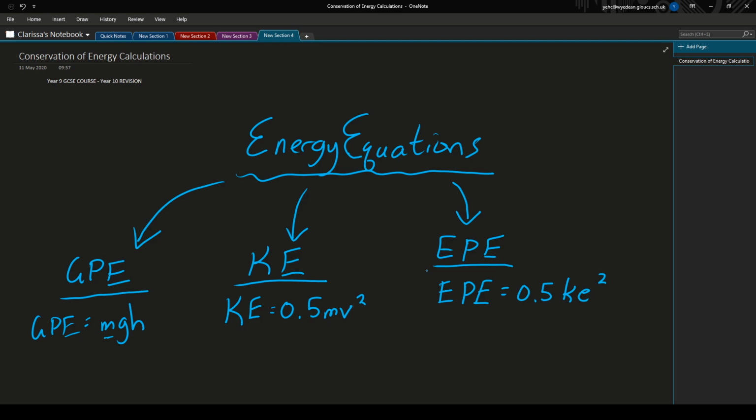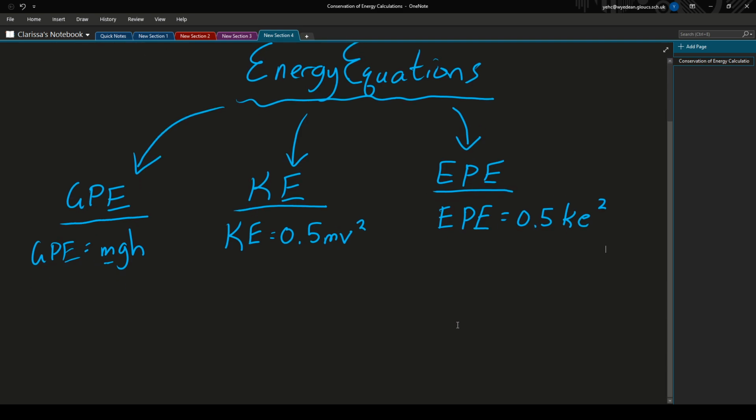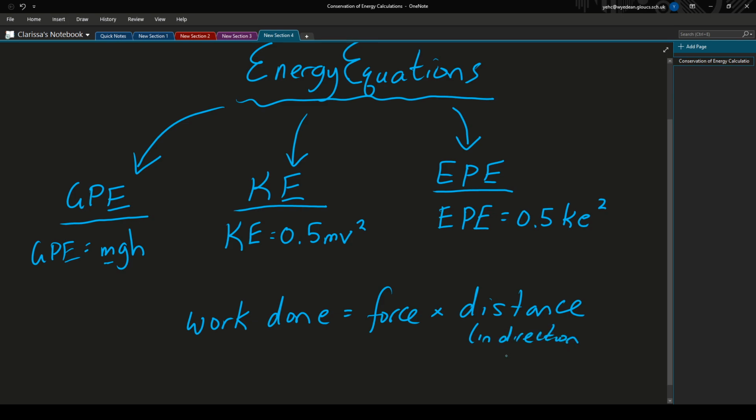Now, another equation we looked at was our work done equation. So work done equals force times distance, and I'm going to put in brackets in direction of force. Because remember, it's like a special type of distance, but right now you can think of it as the same as distance, it's just more specific to in direction of force.